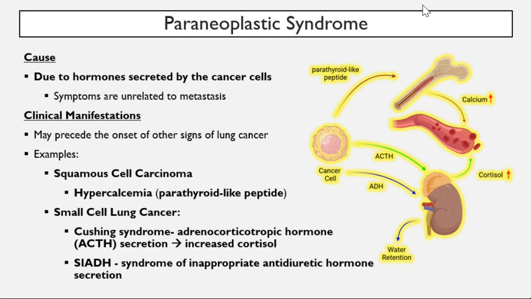And so what happens is that you release all these hormones, and they're just released out into the bloodstream. They're going to act on whatever the target organ is, and this is where you get this paraneoplastic syndrome, where you have different hormone regulations depending on what hormone is released. So parathyroid hormone-related peptide, ACTH, and ADH acting on the kidney.